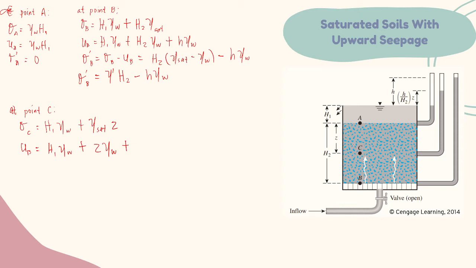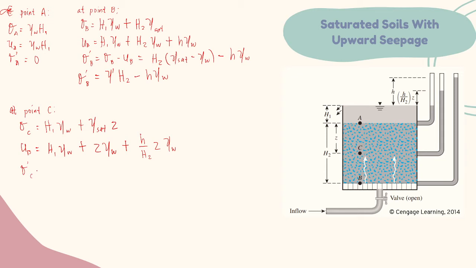So we have to get the i. That will be equal to the head loss h all over the length, which is equal to h over H sub 2, times the depth Z times the unit weight of water.